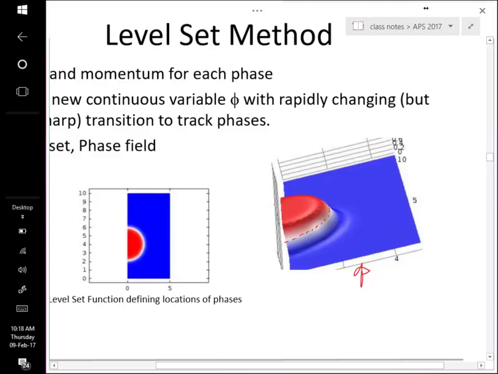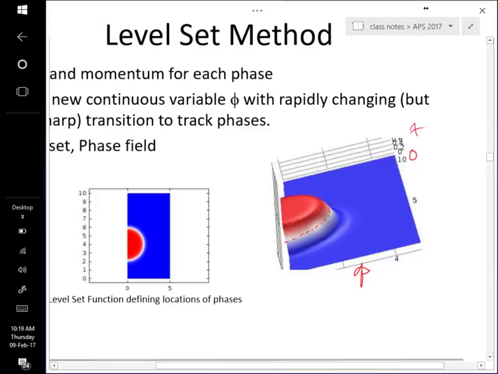that's the 0.5 contour for phi. Phi's going from 0 to 1, so this is the 0.5 contour. The contour is a line at equal elevation, so that's kind of level, the level set. Okay, so we have this function phi, and the 0.5 contour is now defining the boundary between the two fluids.